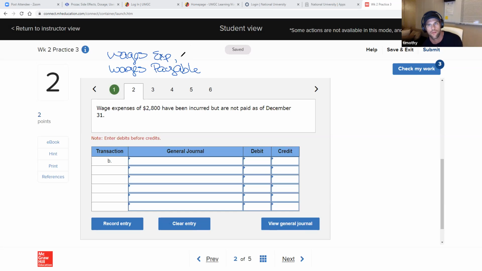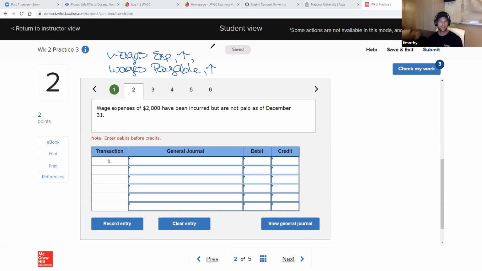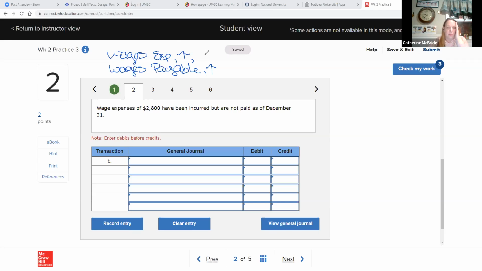Did wages expense increase or decrease? Increase. Did wages payable increase or decrease? Increase.